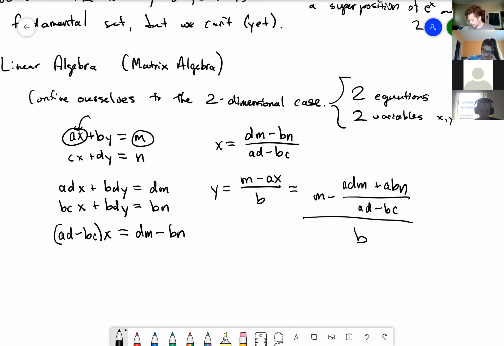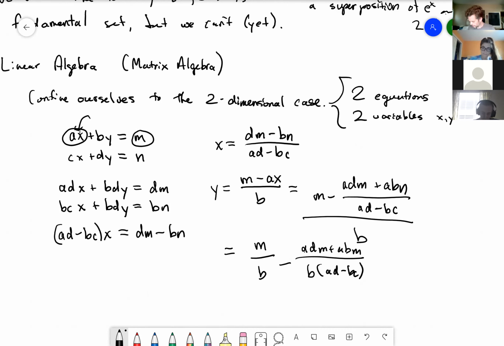Okay, so I'm going to distribute that division by b. M over b, and then ad m plus b n over b times ad minus bc.